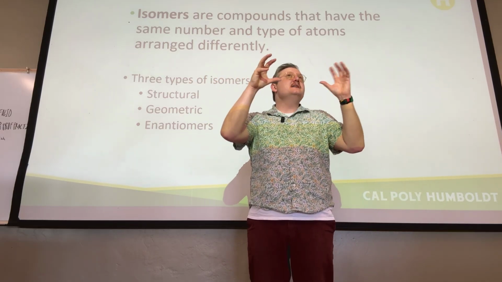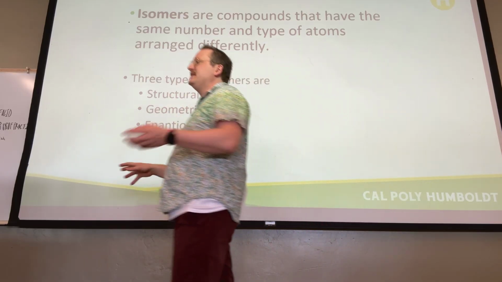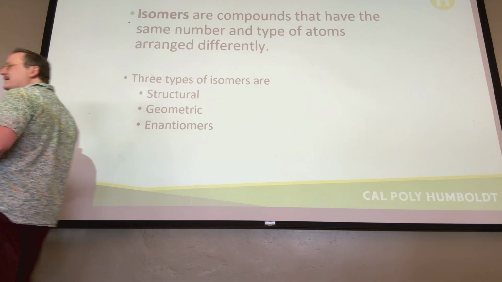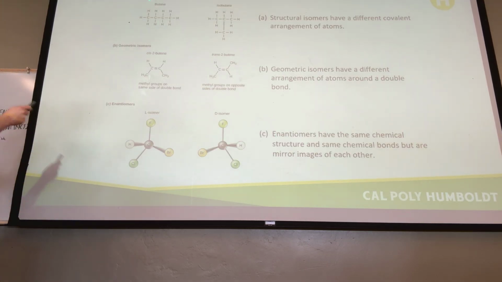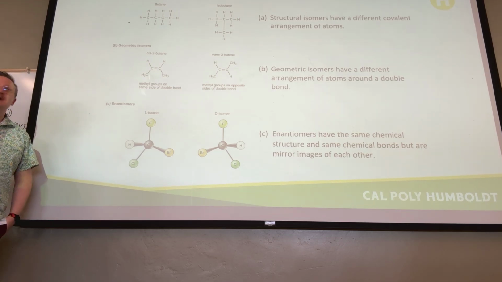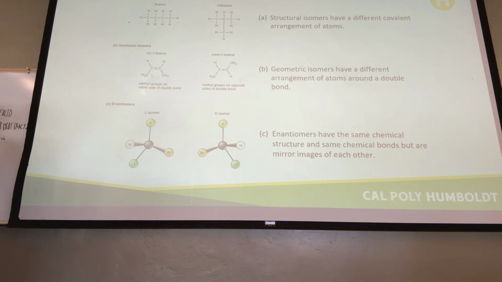But the bonding pattern, and therefore the shape of the molecule, could be different. Just because you have a certain number of each atom doesn't mean that you're going to have the same shape. So right here, butane and isobutane. Each of them have 4 carbons and 10 hydrogens. But they are arranged slightly differently, so they have a different form, so they behave slightly differently.